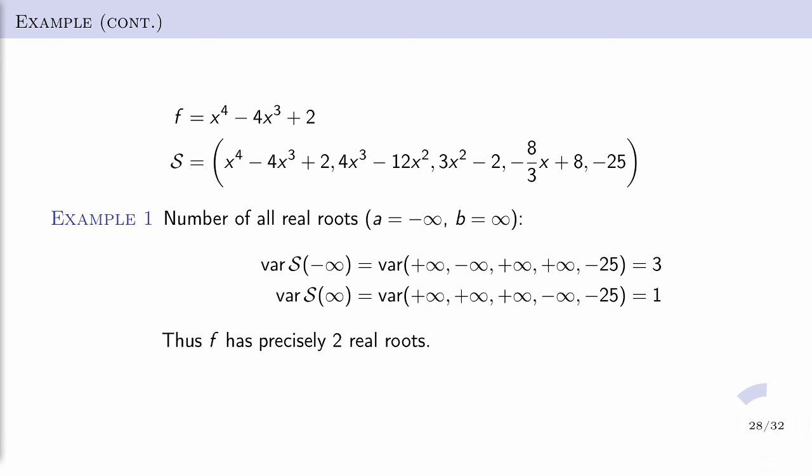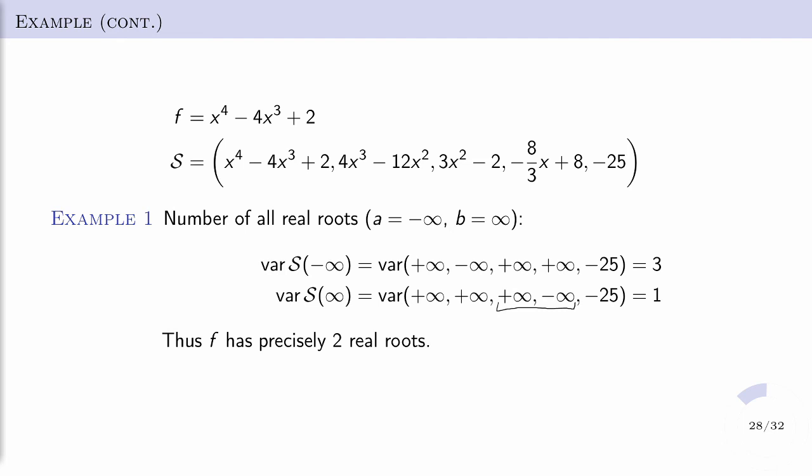This again, the leading coefficient is positive, so this tends to plus infinity. This again tends to plus infinity, so we have plus infinity, plus infinity, plus infinity. This tends to minus infinity, and this is minus 22. So we have plus infinity, plus infinity, plus infinity, minus infinity, and minus 25. So we have exactly one change of sign here.